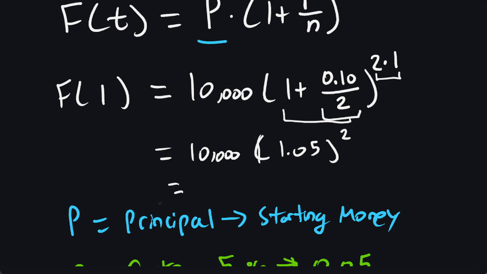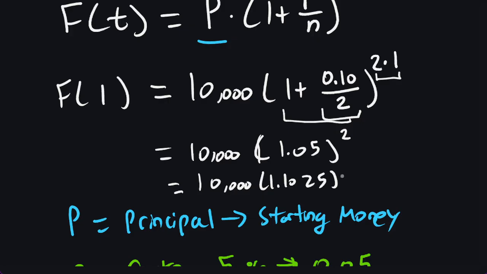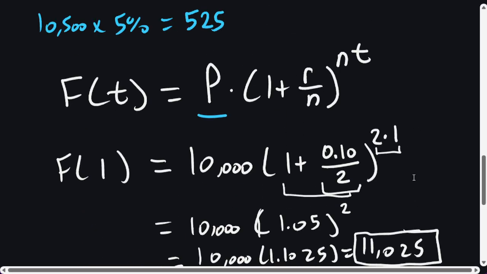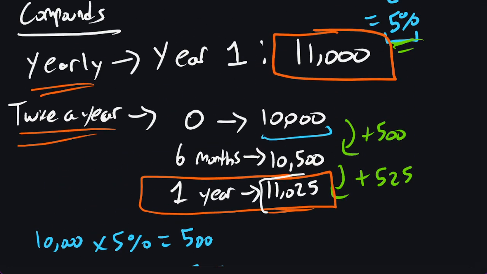So 1.1025. So 10,000 times 1.1025 comes out to 11,025. There you go. F of 1 is 11,025. And that is the same answer we had before.